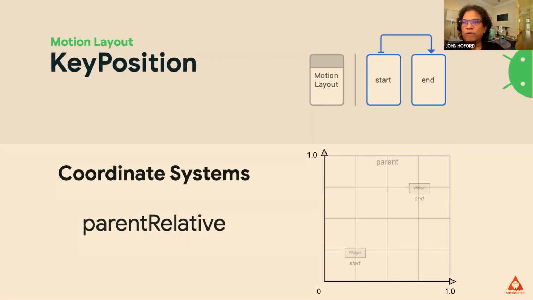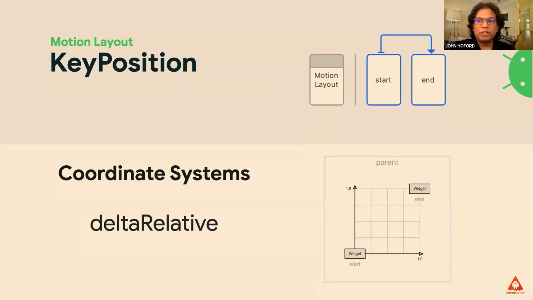So the first one of those is called delta relative, and essentially 0, 0 is the starting location, and 1, 1 is the ending location, and it's the percent x is the x axis, and the percent y is the y axis.